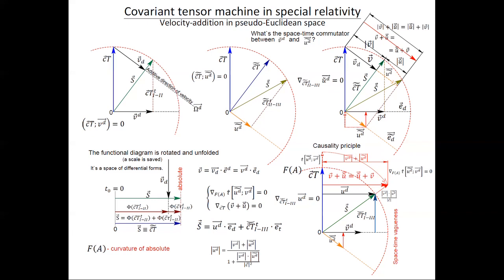In that way, I perceive the commutator as an addition for time distance, but the commutator is taken out of the absolute with a conservation of direction, like this.